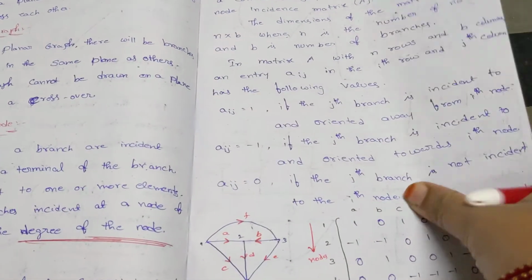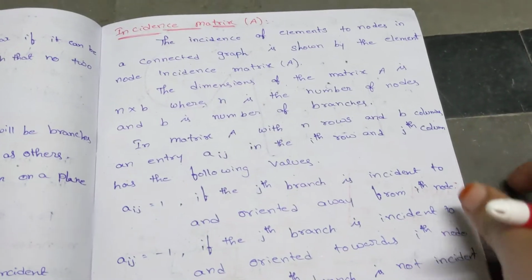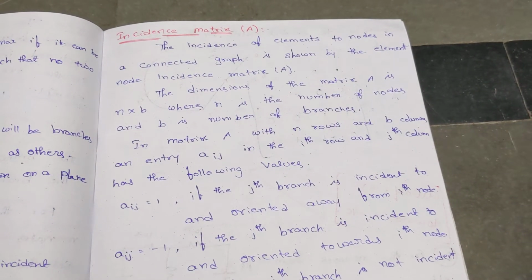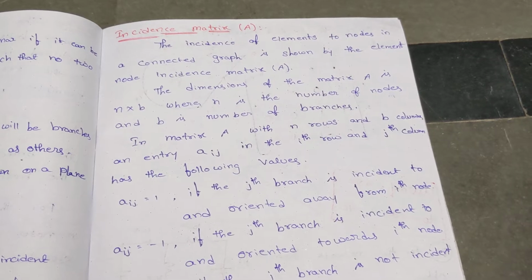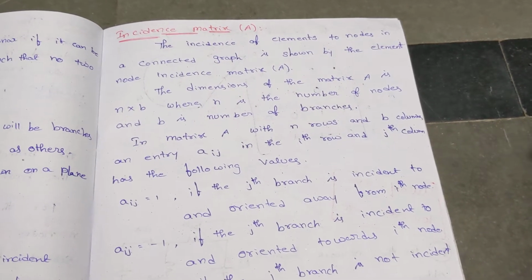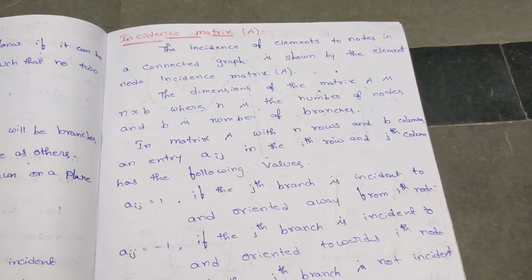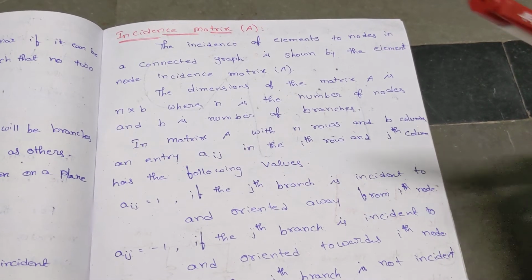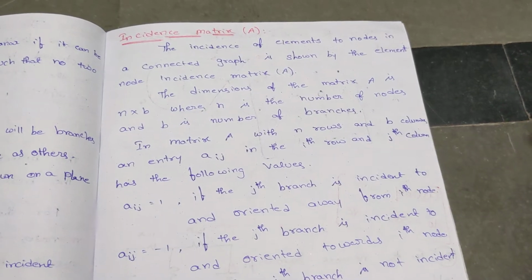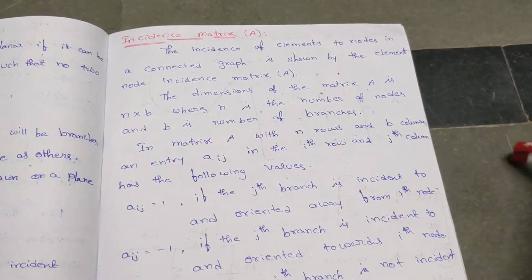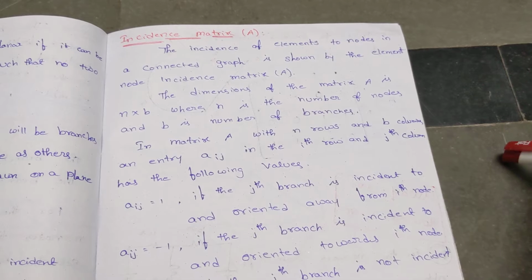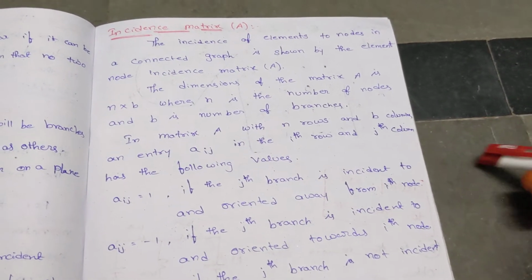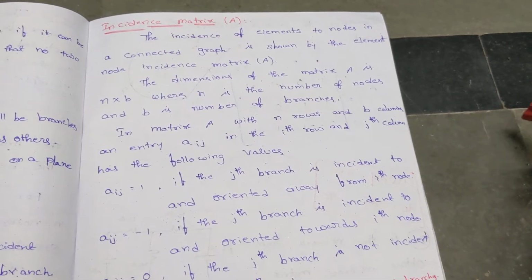So first of all, we go through this incidence matrix. Already I stated that it gives the relationship, whether that node and that branch are related. Here I say the word incidence: if for that node the branch is entering or leaving, we say that branch and node are related to each other.